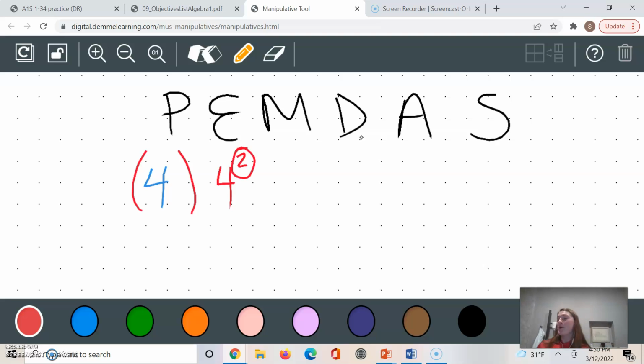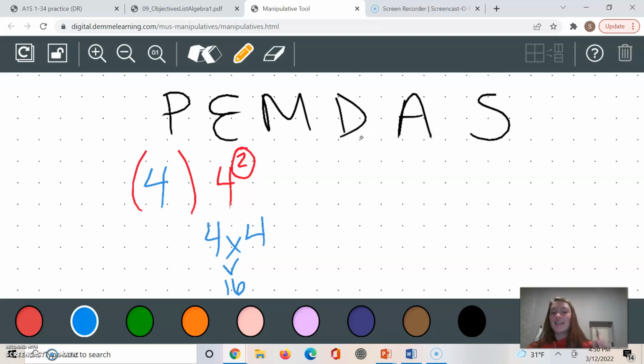Does anybody know how to pronounce the 4 with a little 2 in the corner? Yes, very good. 4 to the second power. Does anybody know what that value is? It's kind of a tough question. It's not 4 times 2, but rather 4 times 4, which would be 16.